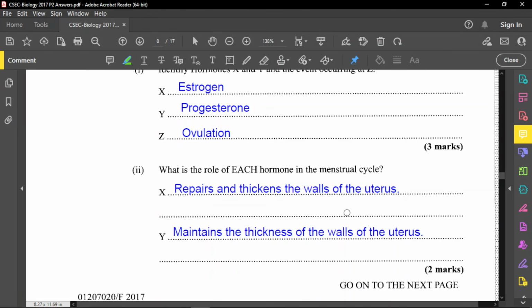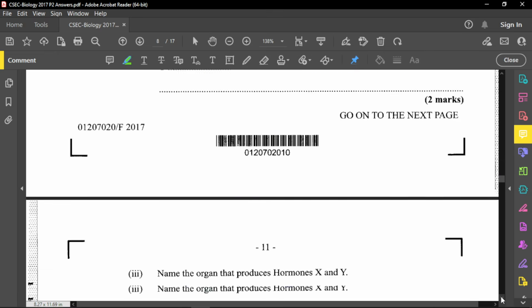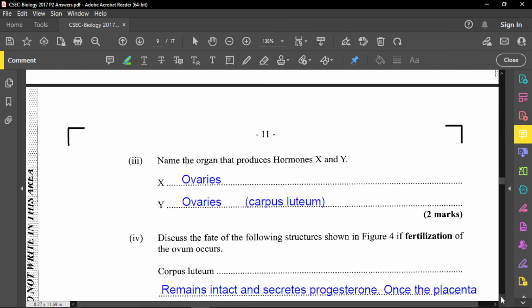So its job is to start repair, vascularize it, and make it thicker to prepare for implantation. And progesterone will maintain the thickness of the wall of the uterus, just in case a fertilized egg is there and implanted, then the placenta could be developed. The wall of the uterus will be healthy enough to support development of the fetus.